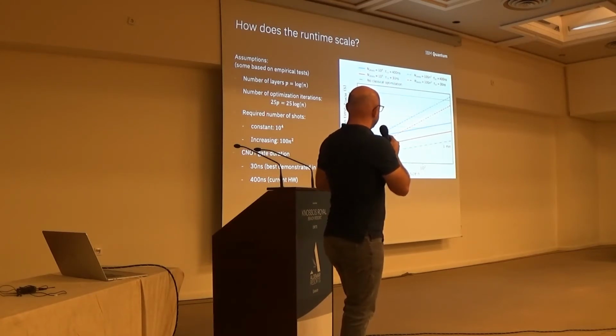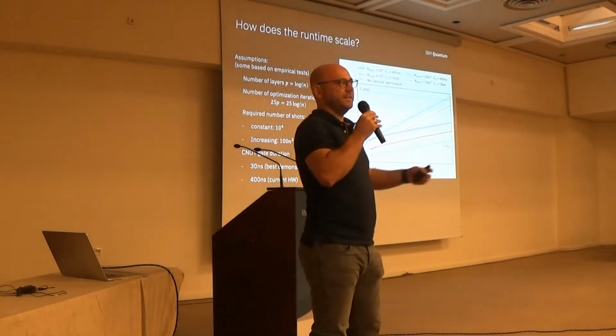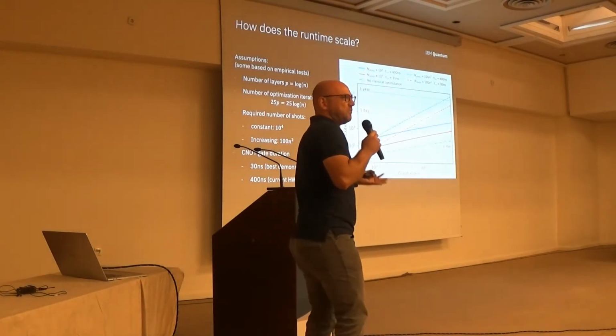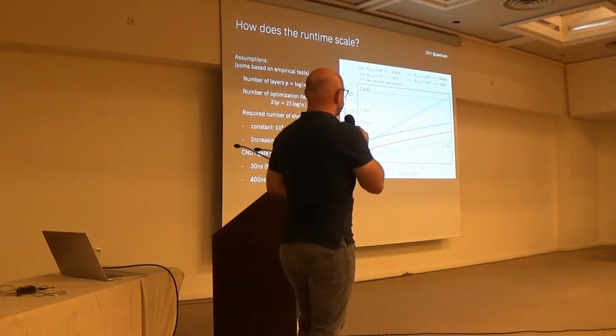And you see that if we are optimistic, and we go up to 500 variables, then the runtime is already like 1 hour. If we are less optimistic in the gate times or in the shots, then this can go up to a year. So if you think of that as kind of a confidence interval, then we are somewhere between an hour and a year of runtime, which is quite significant. So something we really have to take into account when looking for applications of this algorithm.